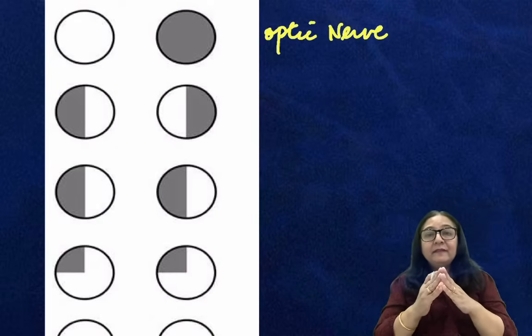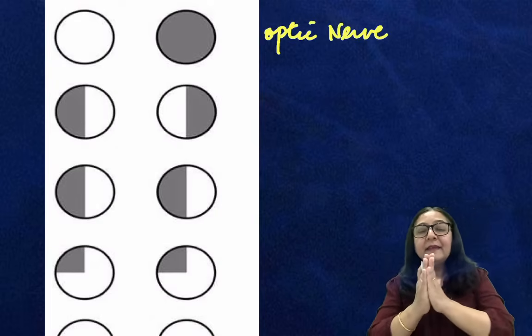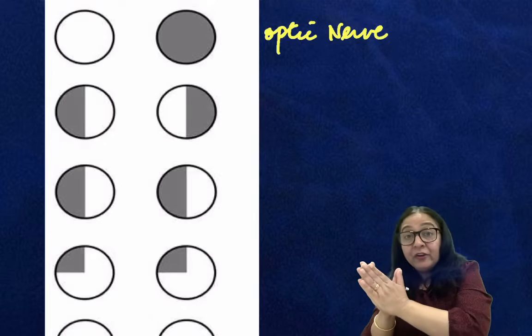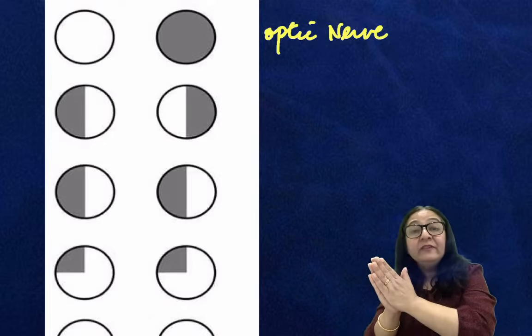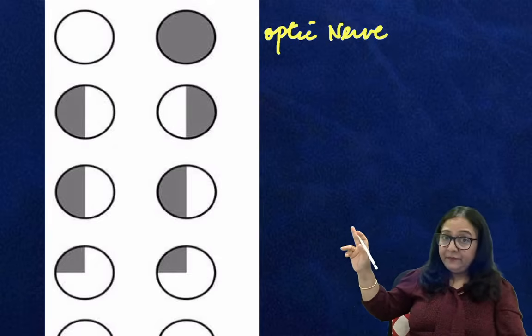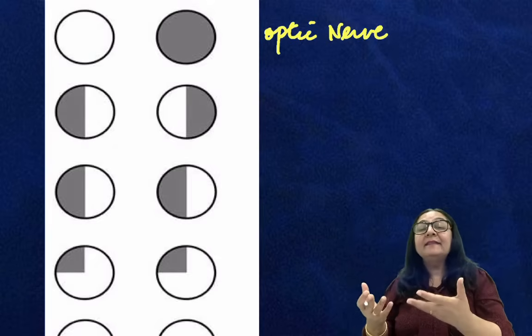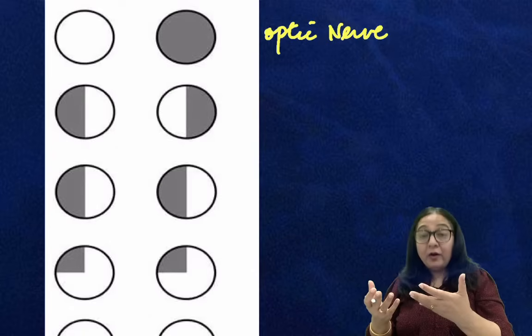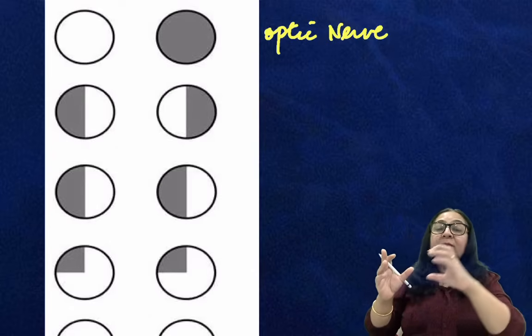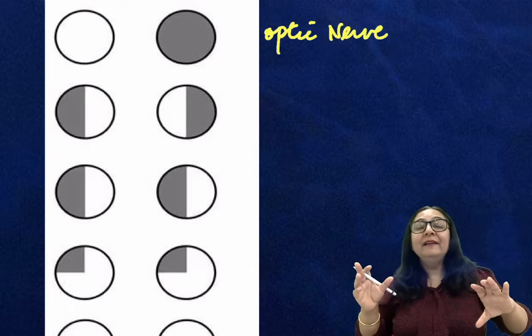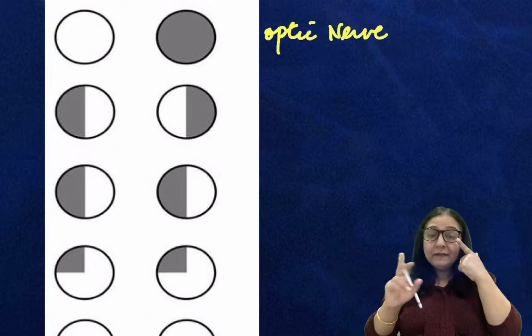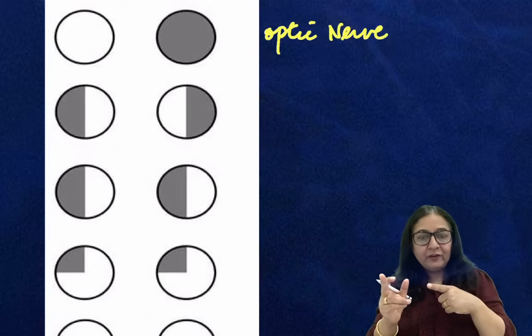So in the question statement, you have to see whether they are saying right eye vision loss. If it is right eye vision loss, then it will be optic nerve. But in case they say right-sided field loss, right-sided field loss means right half of the field is gone in both eyes. So this is very important to differentiate for the questions.